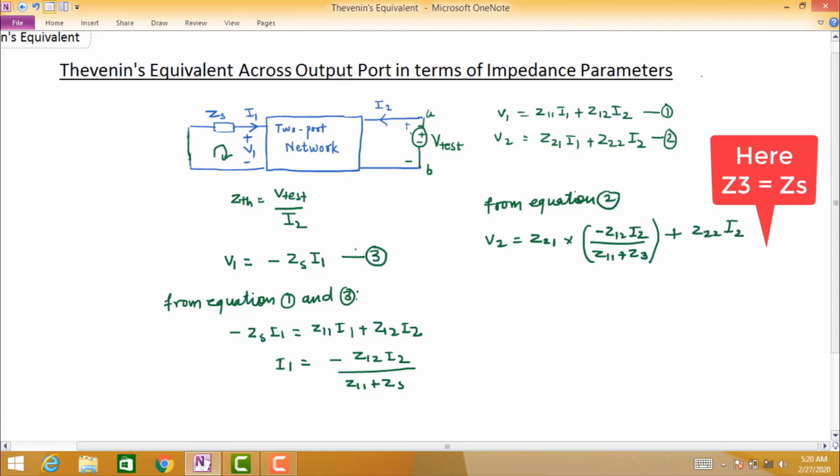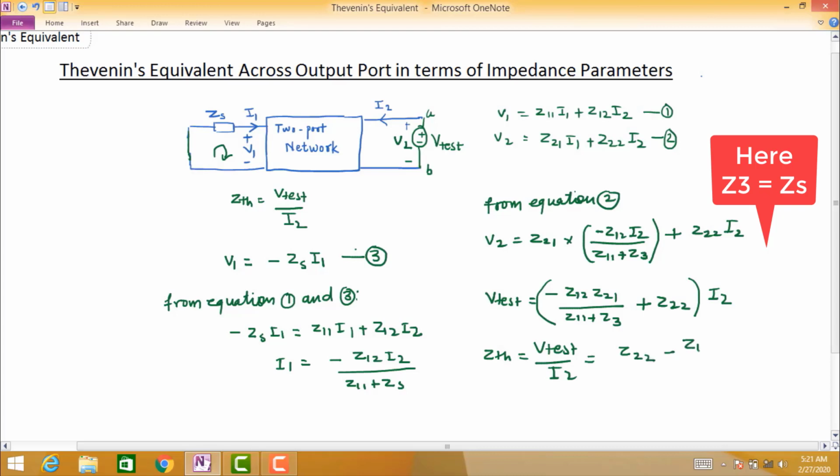From the circuit, we can see that V2 is equal to Vtest, so Vtest is equal to minus Z12 Z21 whole upon Z11 plus Zs plus Z22 into I2. Then ZTH can be written as Vtest whole upon I2 equal to Z22 minus Z12 into Z21 whole upon Z11 plus Zs.